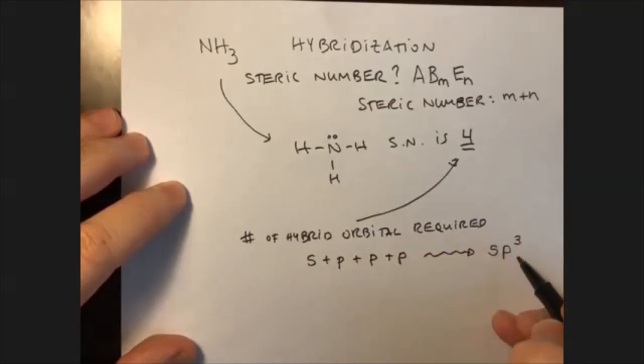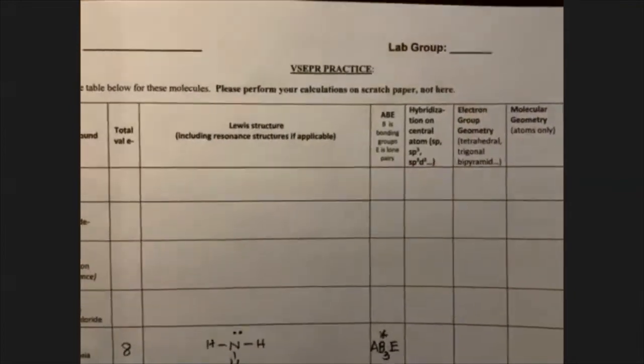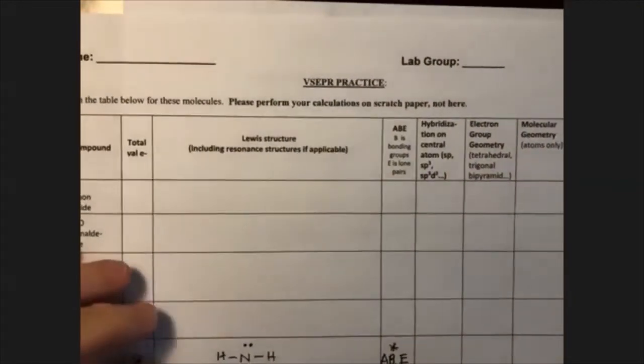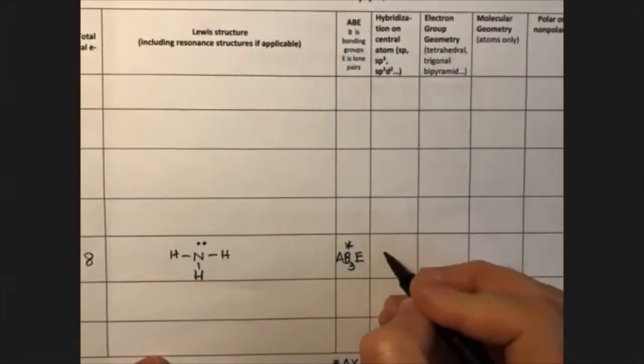Notice the superscripts 1, which is implicit, plus 3 equals the 4 orbitals that were used to build these 4 hybrid orbitals. And so coming back here to our worksheet, we're going to find that on the next column, the hybridization of the central atom is going to be sp3.